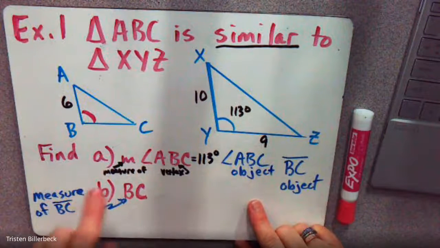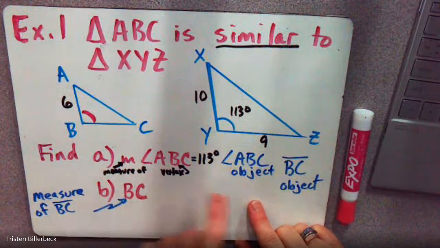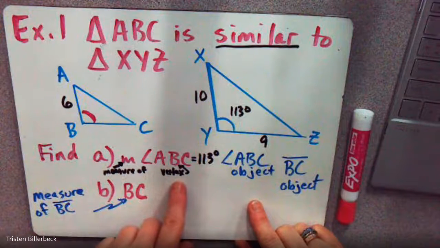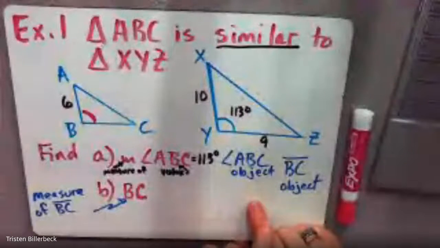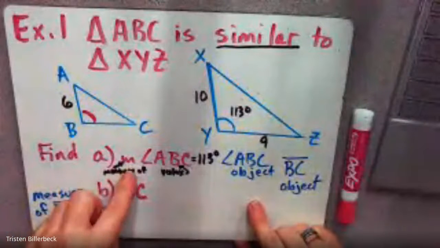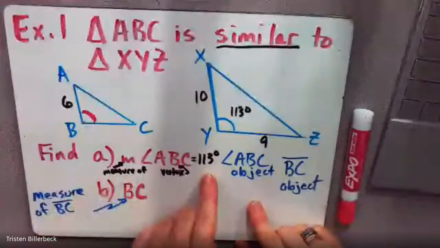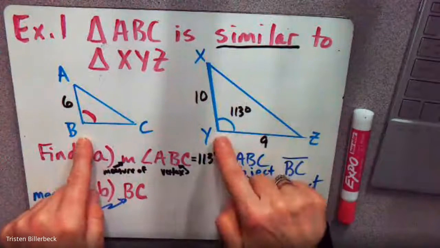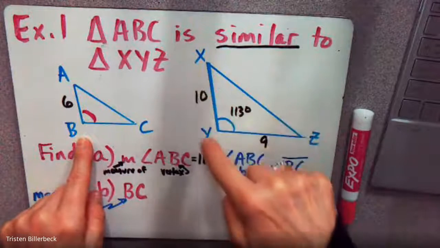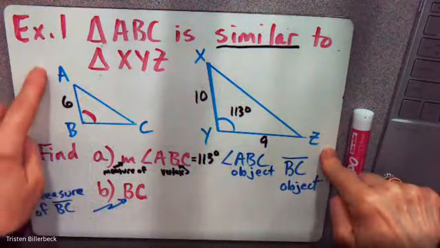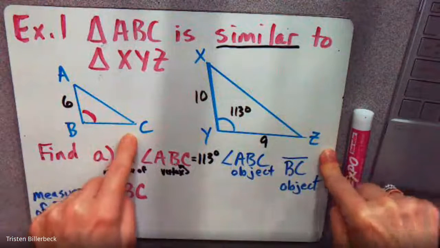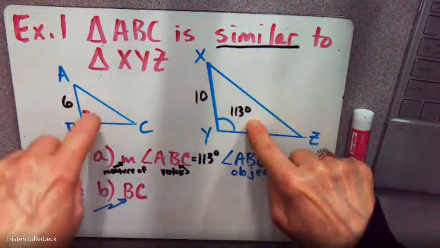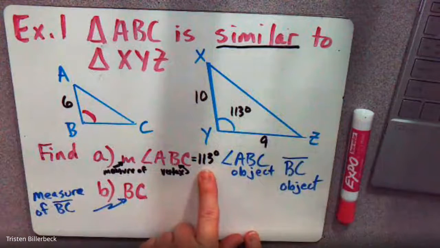So as soon as we put that little m in front of the angle, it means the measure of angle ABC, the object. So now when we put an m in there, we're talking about a measure. So we see that because this is congruent to that, and this is angle XYZ, and this is angle ABC, if we want to be very formal, then this is 1/13, so that's 1/13. So we know that already.